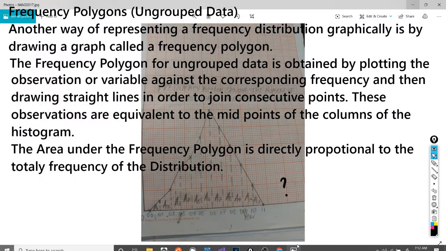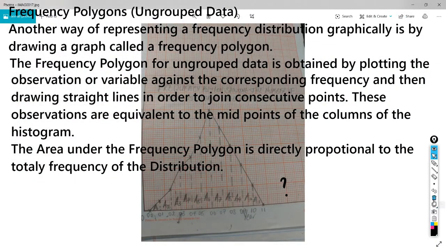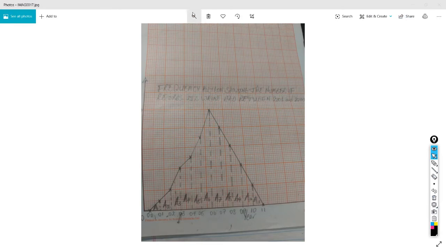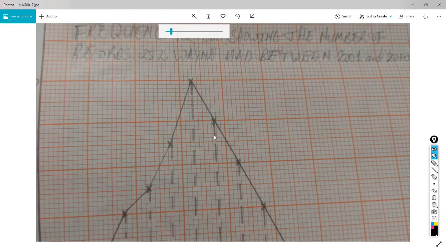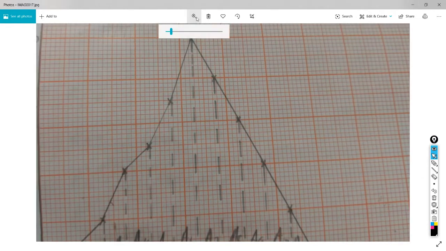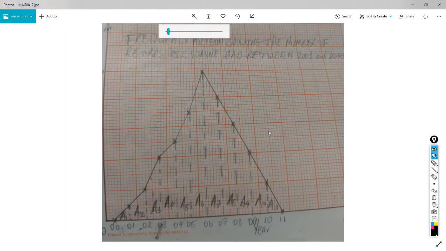All right, guys. So I'm going to clear the screen for a second, and if we zoom in on this little graph here, we can see that there's a frequency polygon here. This is exactly how it would look, guys.